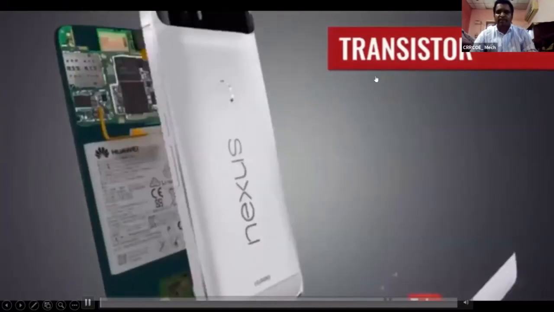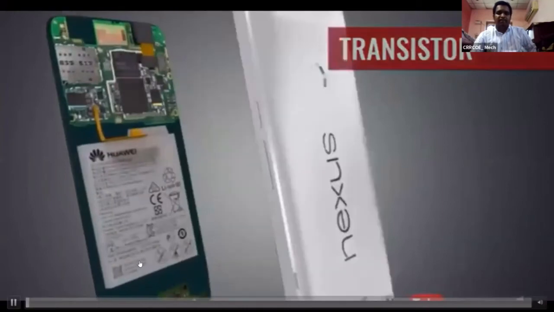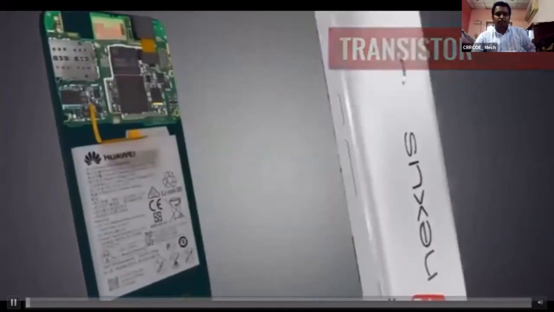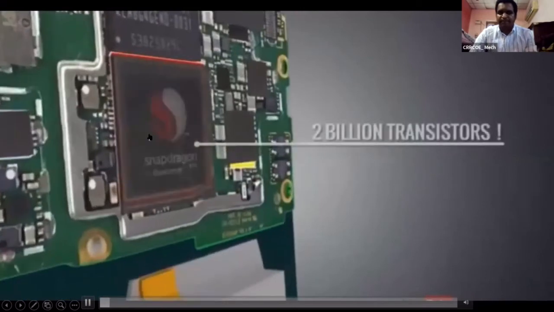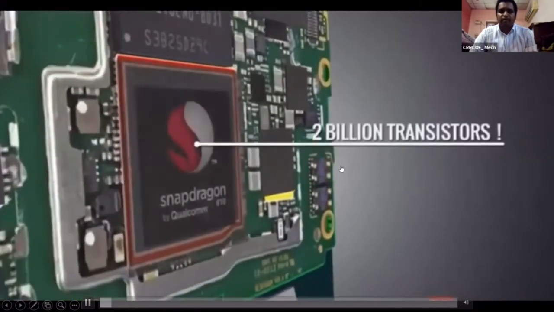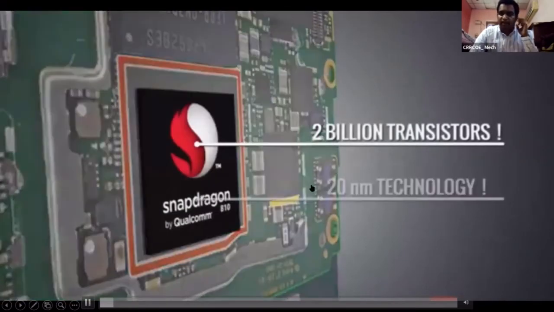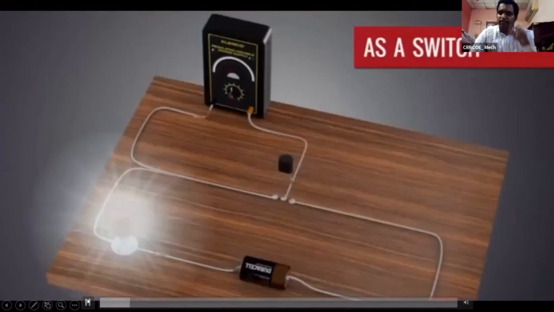Generally, what is the main application of the BJT? It is used in processors. The processor used in computers or phones is made up of so many nano-sized transistors, nearly 2 billion nanotransistors in any phone or computer processor.